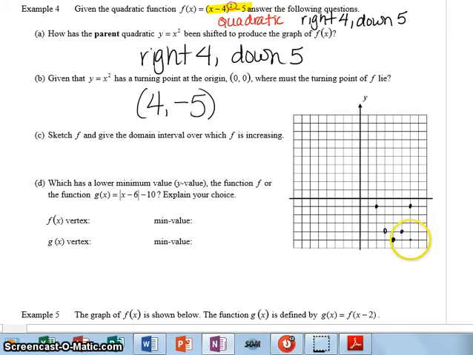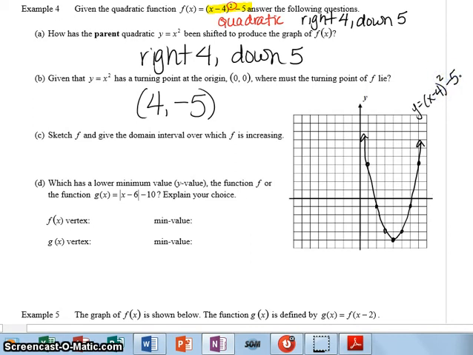So here's that graph right there. You can use your graphing calculator to help you produce those points, but it's the same pattern always. So that's my graph of y equals (x minus 4) squared minus 5.